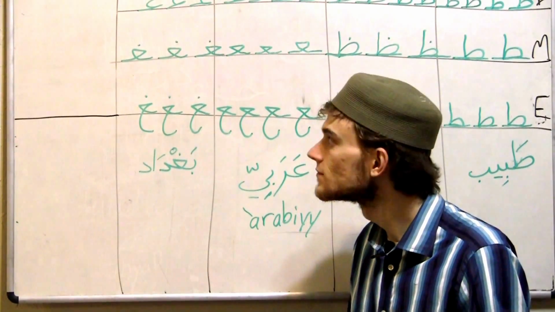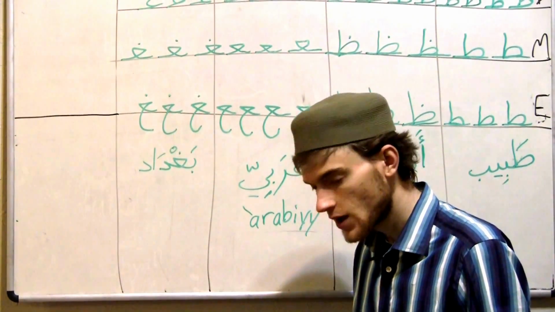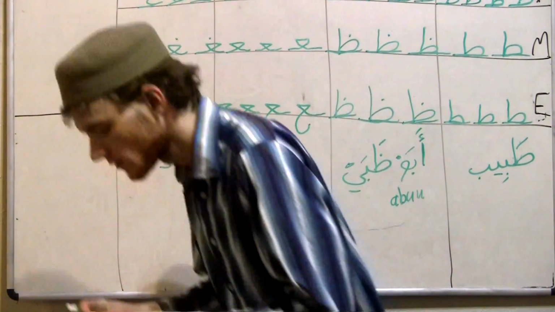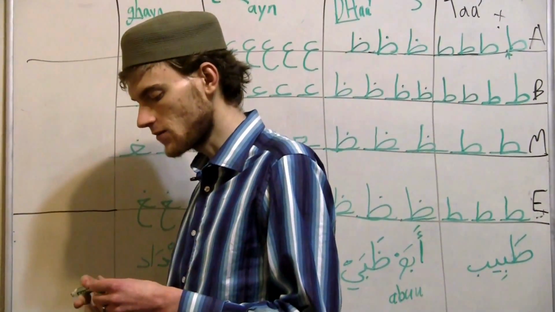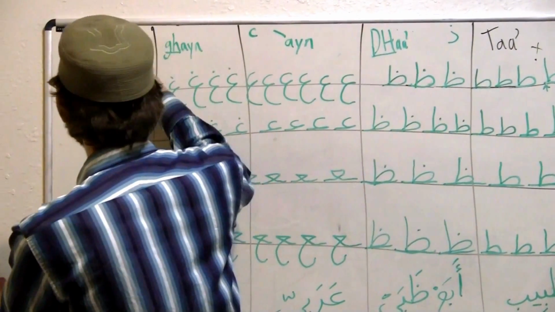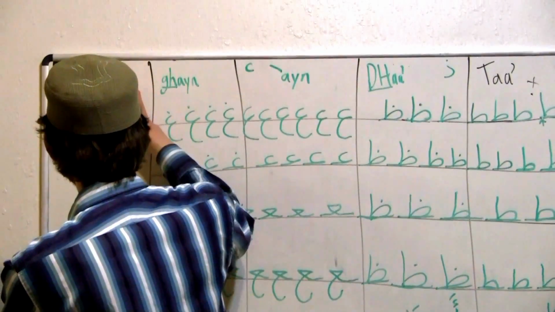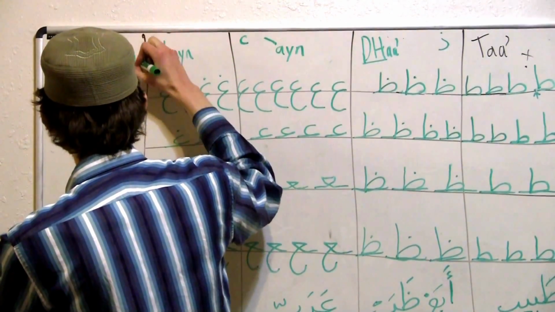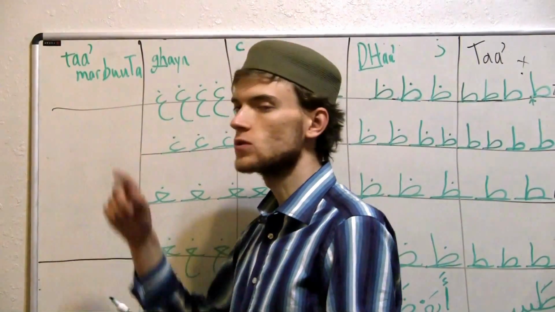Okay. So finally, we have one extra symbol to go over. Not really a letter, kind of a letter, but not really. Its name is taa marbuuṭah.